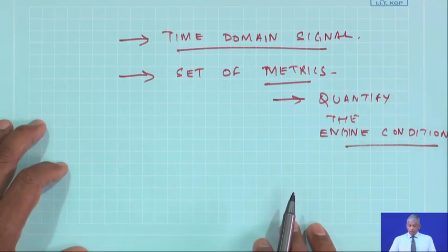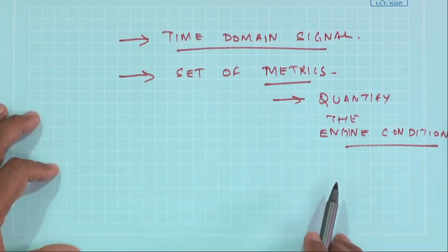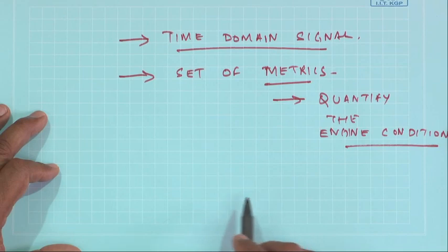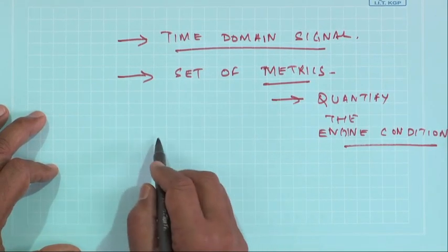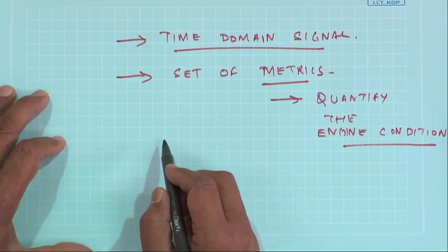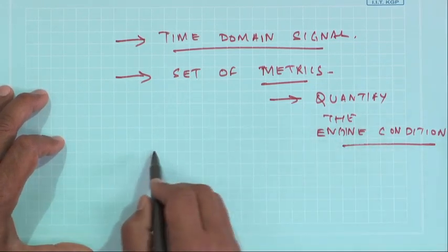Okay. This is possible, and this is there for many machines, and an operator or a manufacturer can design systems wherein such a set of metrics can be obtained.